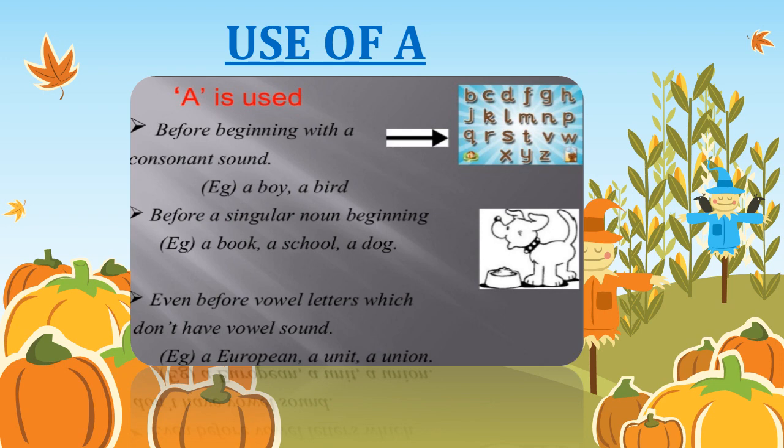As we have studied in the previous slide, A is used with singular nouns. A is never used with plurals. For example, a book, a school, a dog.